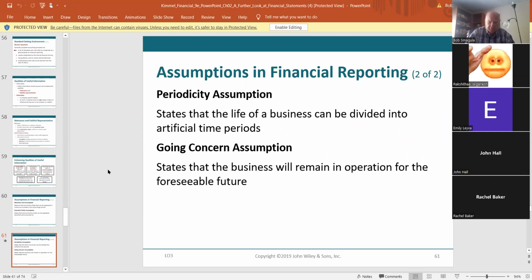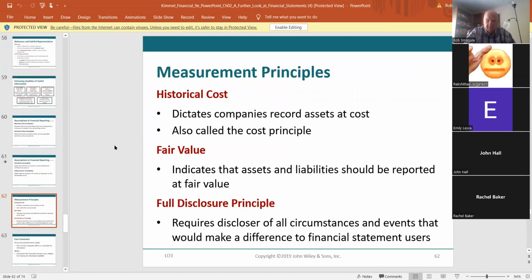And then the going concern. The auditors, after they do their audit and everything's fine, if the auditors think that maybe you don't have much of a future, they have to report that. Otherwise, they state you are a going concern. And I'm just going to finish up with just a couple more of these. Historical cost.